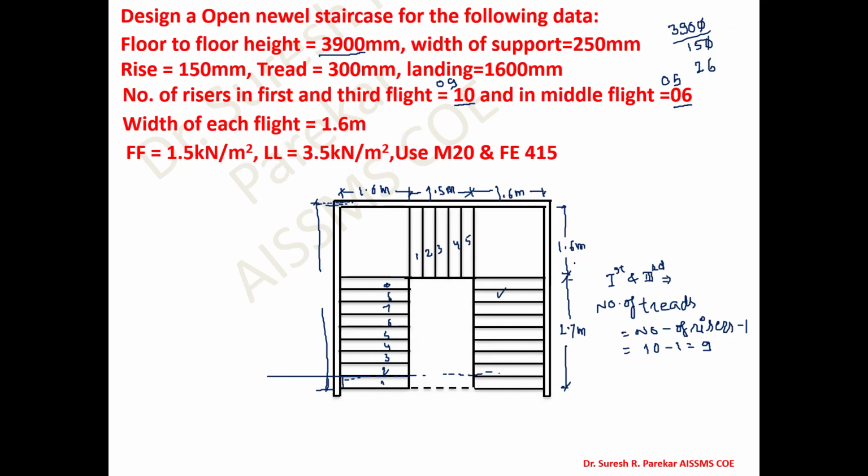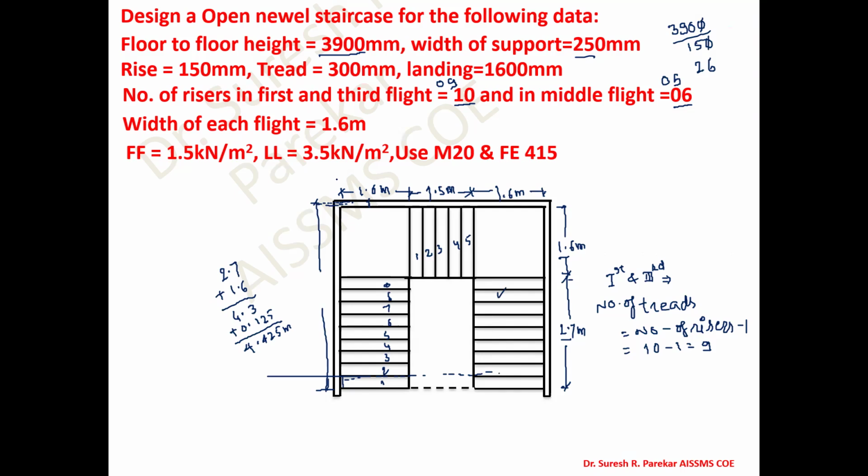This value will be 1.6 plus 2.7 and half of this beam, which is given as 250. You can see here the width of support is 250. So what will be the total value? 2.7 plus 1.6 comes to 4.3, plus 0.125, and then it becomes 4.425 meters. That is for the first and third flight.